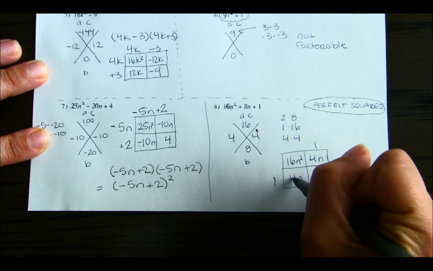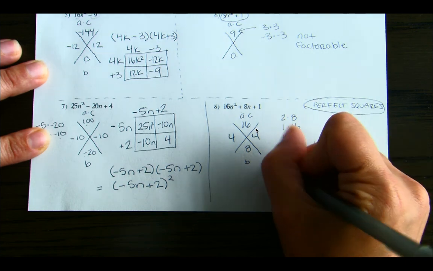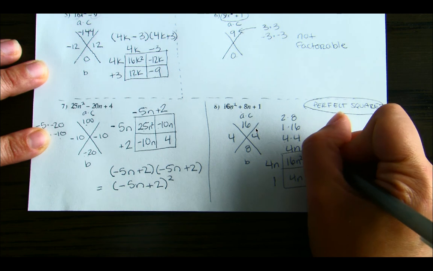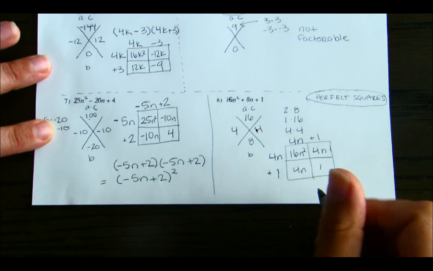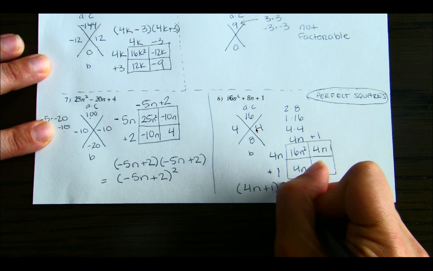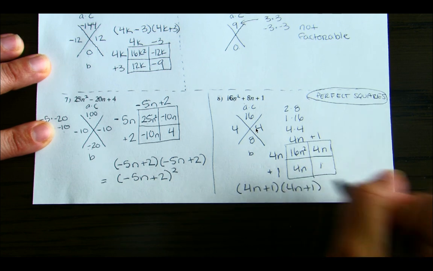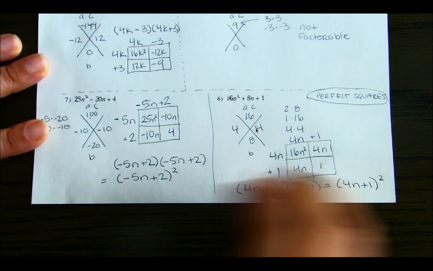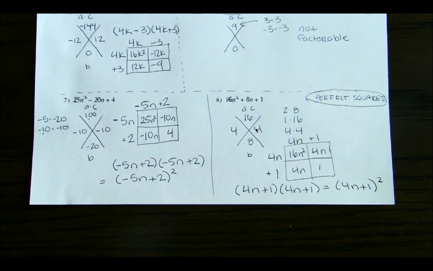So what do 4 and 16 have in common? 4n, and same the other direction, 4n. So that means when I factor it, I have 4n plus 1 times 4n plus 1, and that equals 4n plus 1 squared. Hopefully you can notice the pattern that comes up in some of these.